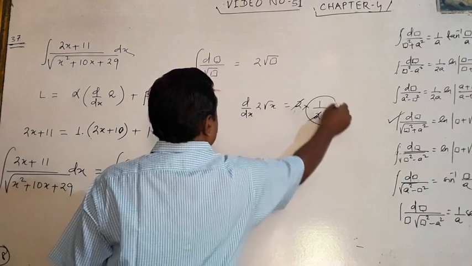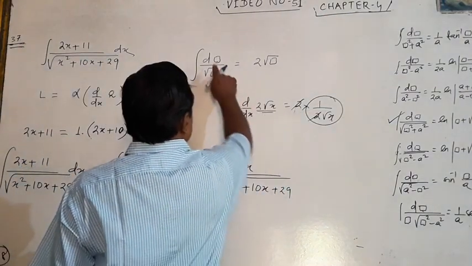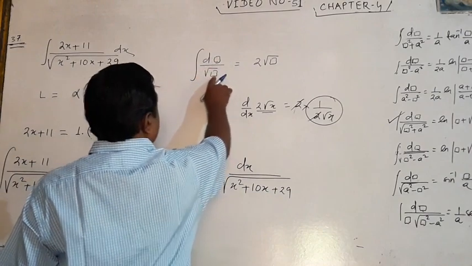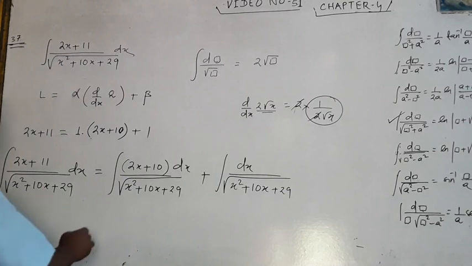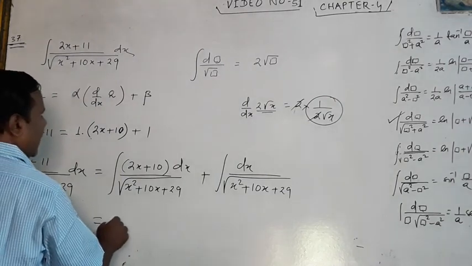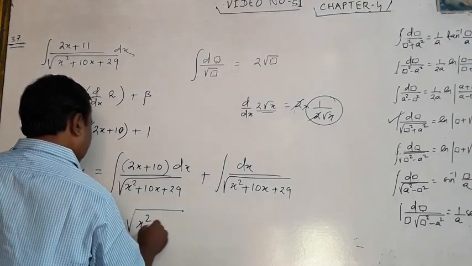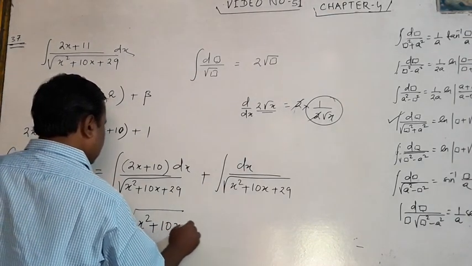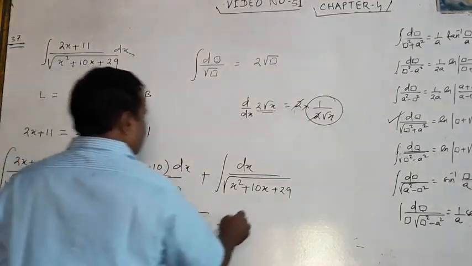So the integration of this is 2 root x. Similarly, d box by root box is 2 root box. I have told you already in number 36 about it. It is 2 root x square plus 10x plus 29 plus, what you have to do?